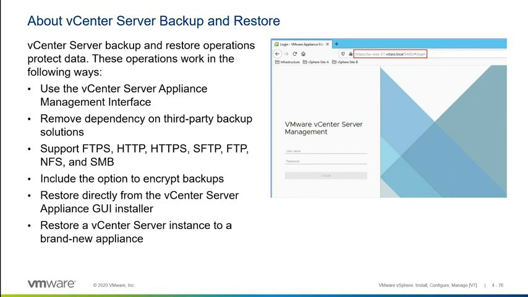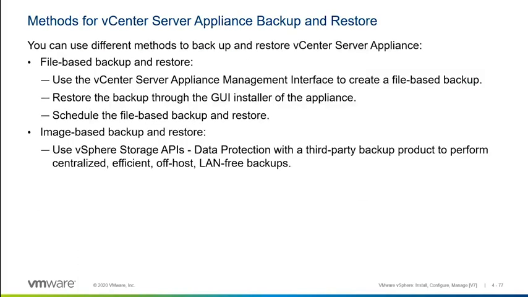Everything is done in terms of a restore from that vCenter appliance installer that we saw before. If you remember, there were those 4 boxes that said install, upgrade, migrate, or restore. You'll hit that restore button, okay? When you restore, it builds a brand new appliance and then asks you for your zip file, which it can then import the data into that brand new appliance.